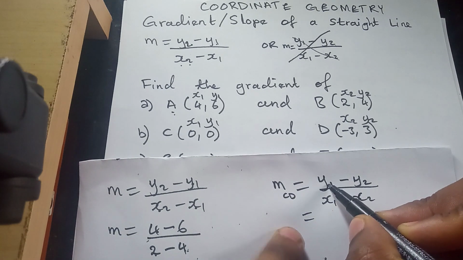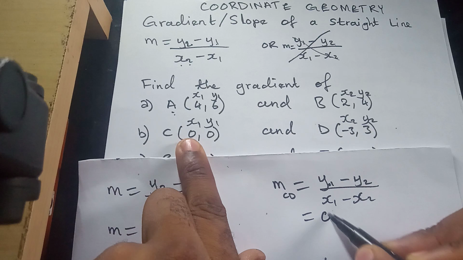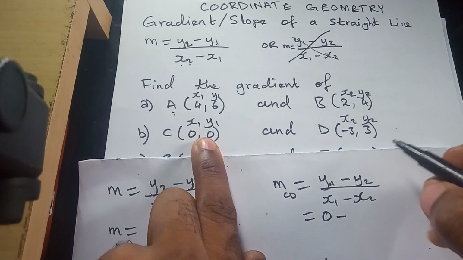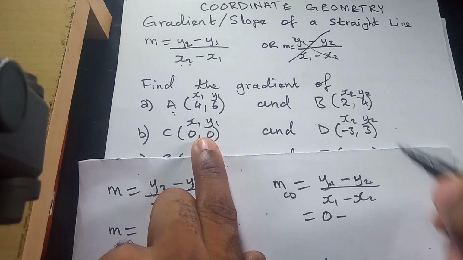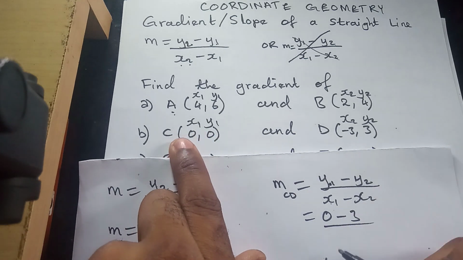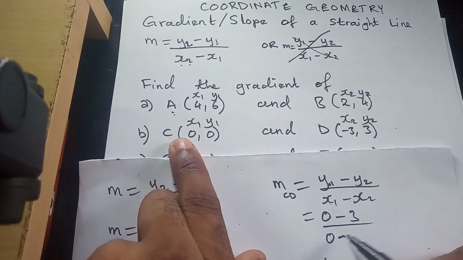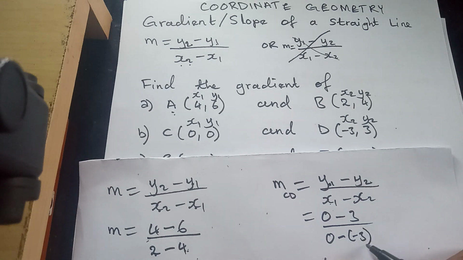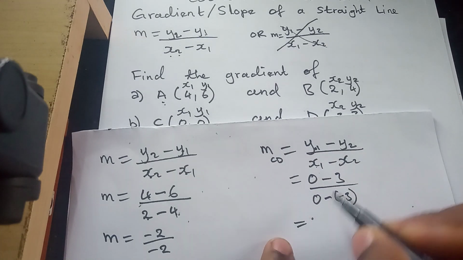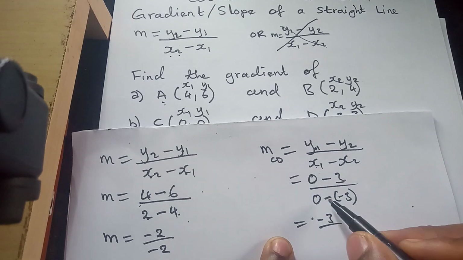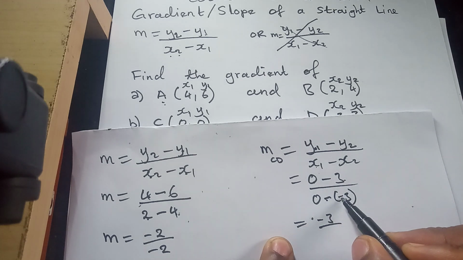So our y1 is 0, this one here, and then our y2 is 3, and then over our x1 is 0 again, minus our x2, which is negative 3. So this minus this is negative 3, and then negative and negative will be positive.